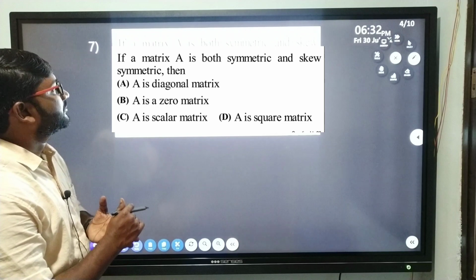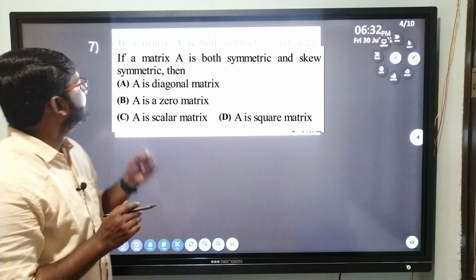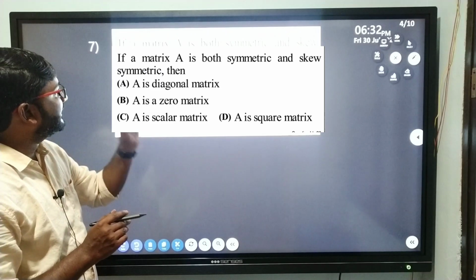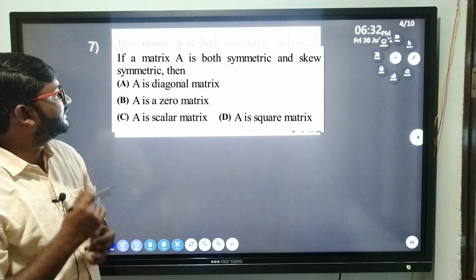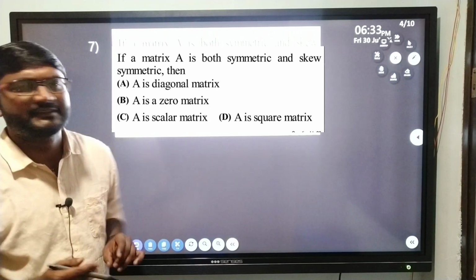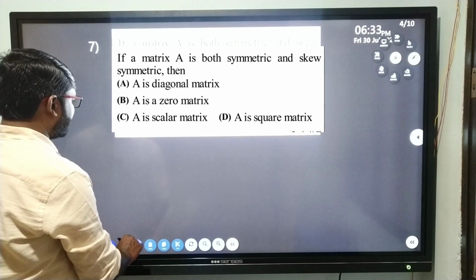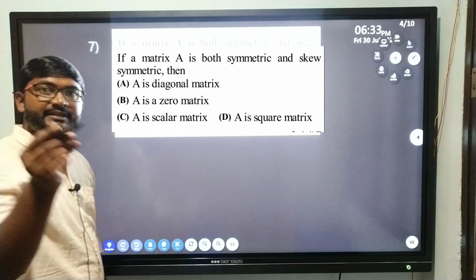Then the seventh one: if a matrix A is both symmetric and skew symmetric, then A is a diagonal matrix, a zero matrix, a scalar matrix, or a square matrix. Here we have been asked to find which matrix is both symmetric as well as skew symmetric.